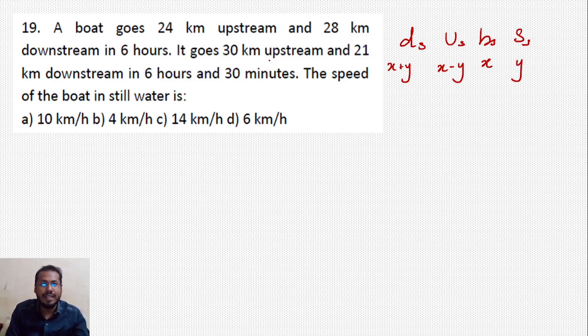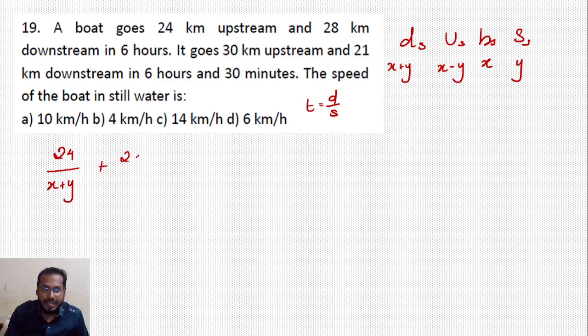24 kilometer upstream, 28 kilometer downstream in 6 hours. So time is common, right? Time is equal to distance by speed. So 24 over x minus y for upstream, plus 28 kilometer downstream over x plus y.